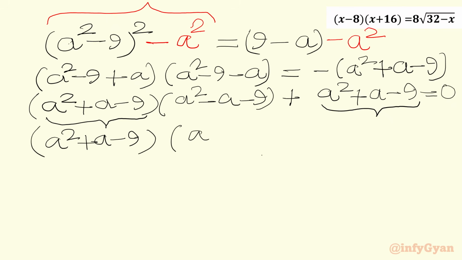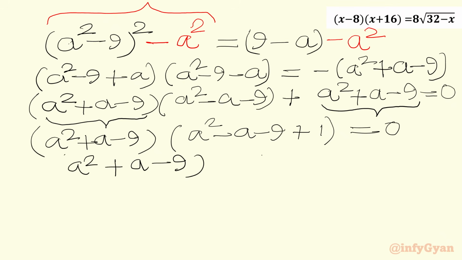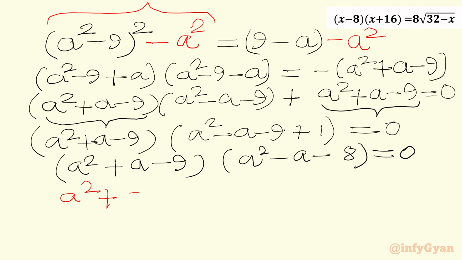So in the other bracket we can write a square minus a minus 9 plus 1 equal to 0, or a square plus a minus 9 times a square minus a minus 8 equal to 0. Now we will use the product zero rule and we can write two quadratic equations. Either a square plus a minus 9 equal to 0 or a square minus a minus 8 equal to 0.